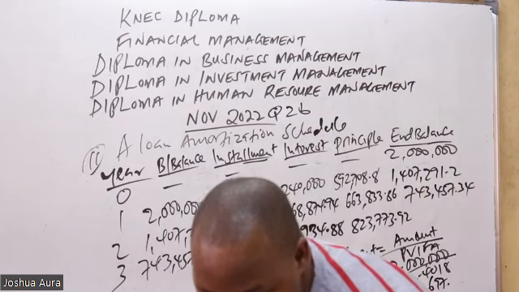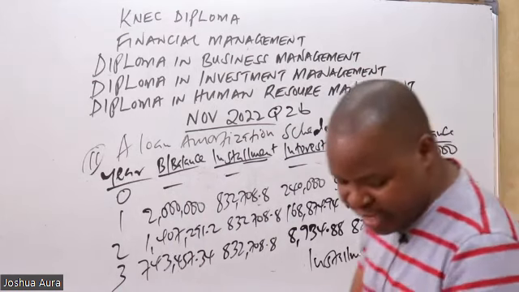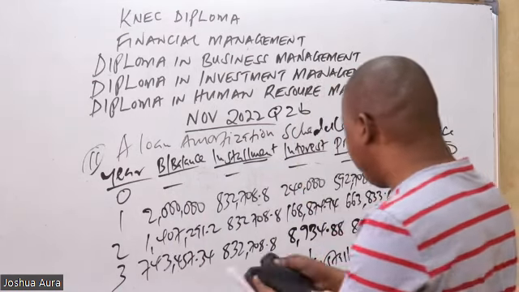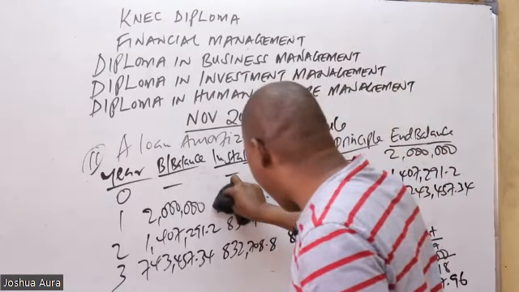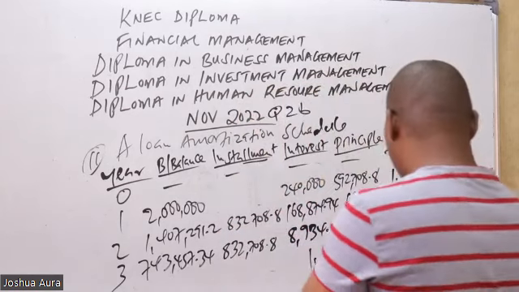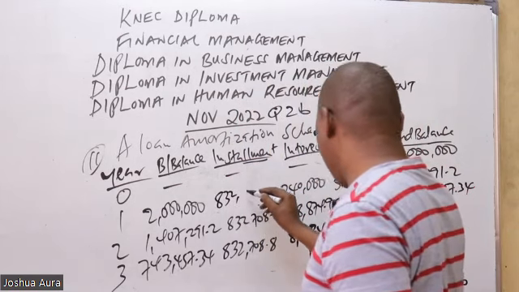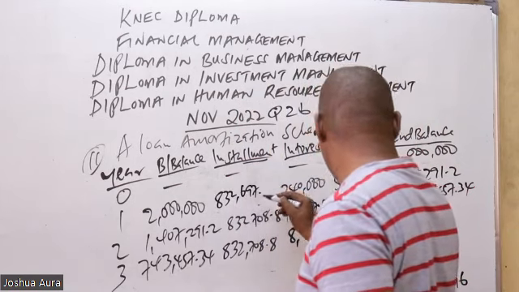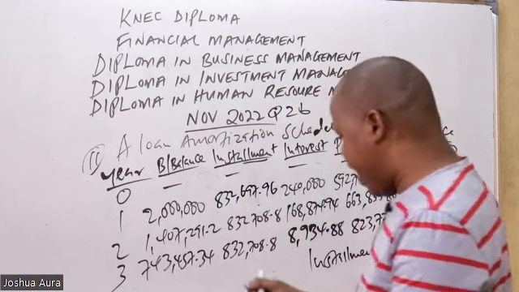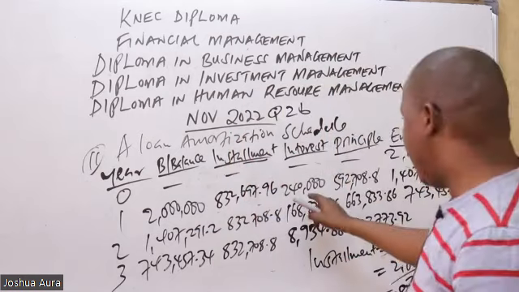So guys, can we do a correction here and put our correct figure as installment, 832,697.96. Now our interest, I believe it's correct.